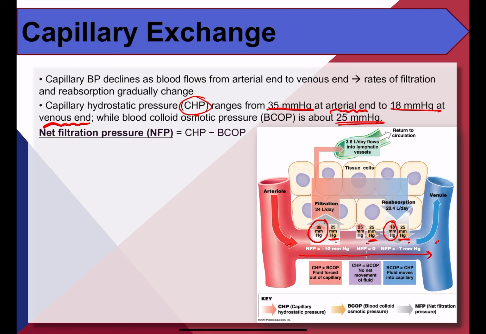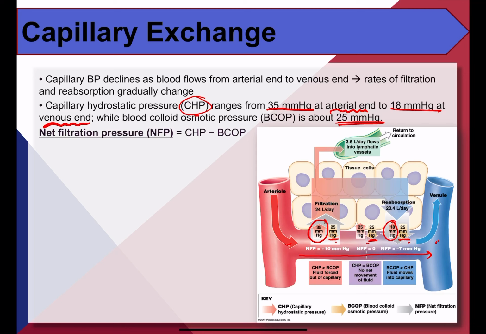Those numerical values can change, but the overall process, which one is bigger, which one is smaller, which one becomes positive, which one becomes negative pressure, will always be similar regardless of what the numbers are. So it doesn't matter if you're watching something else that claims 40 to 20 and then a BCOP of maybe 28. What matters is whether it's a positive or negative value in the end, and whether there's an increase or decrease in value. You'll know what I mean by the end of this.